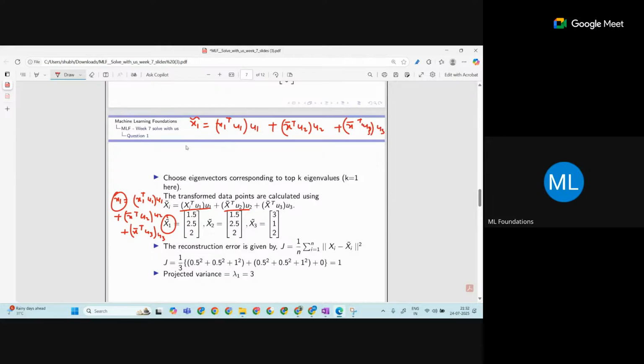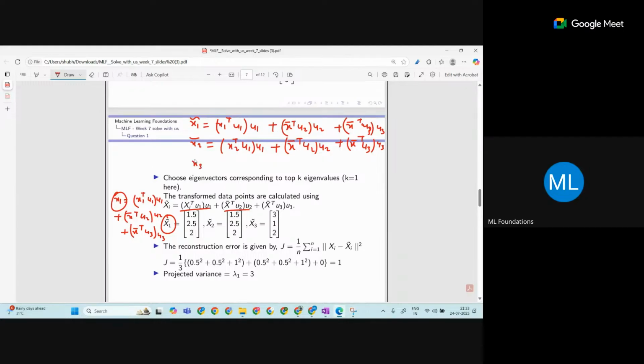This is for x1 tilde. x2 tilde is going to be x2 transpose u1 outside u1, plus x mean transpose u2 outside u2, plus x mean transpose u3 outside u3.